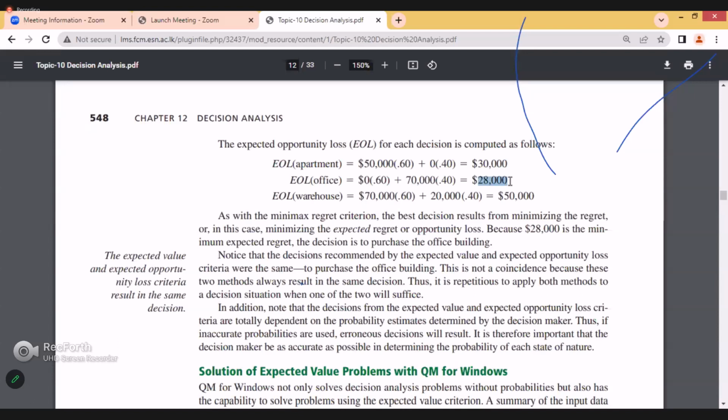The expected opportunity loss, we have to look into the lowest loss. That is advantage for us. Highest loss is disadvantage. In terms of loss, we have to minimize. So the minimum one is 28,000. So therefore, this building is the efficiency.